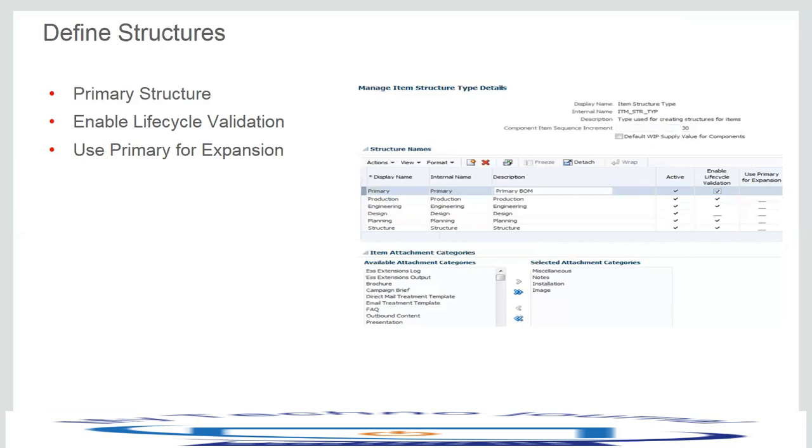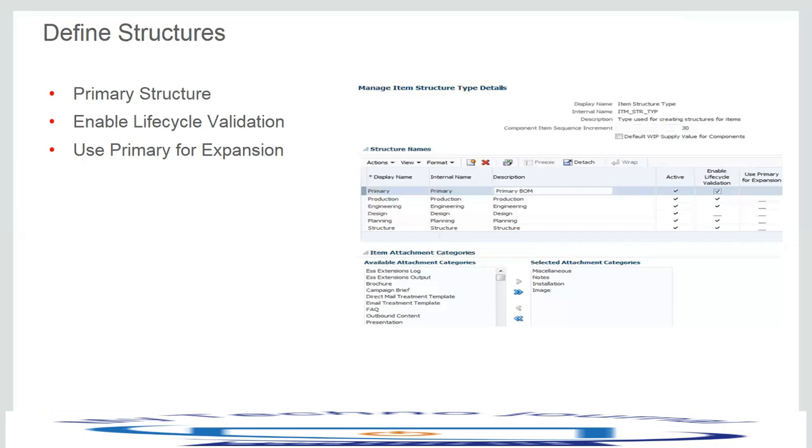And how to enable the life cycle validation. Every item has a life cycle phase which we have discussed as part of lesson 5, that is item creation. Prototype, design, production and obsolete are the various life cycle phases.